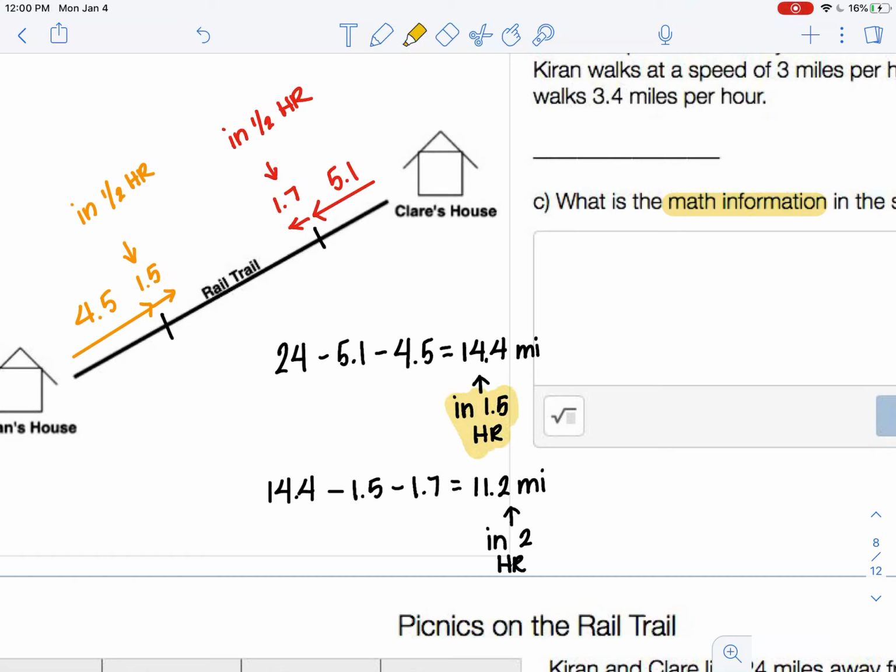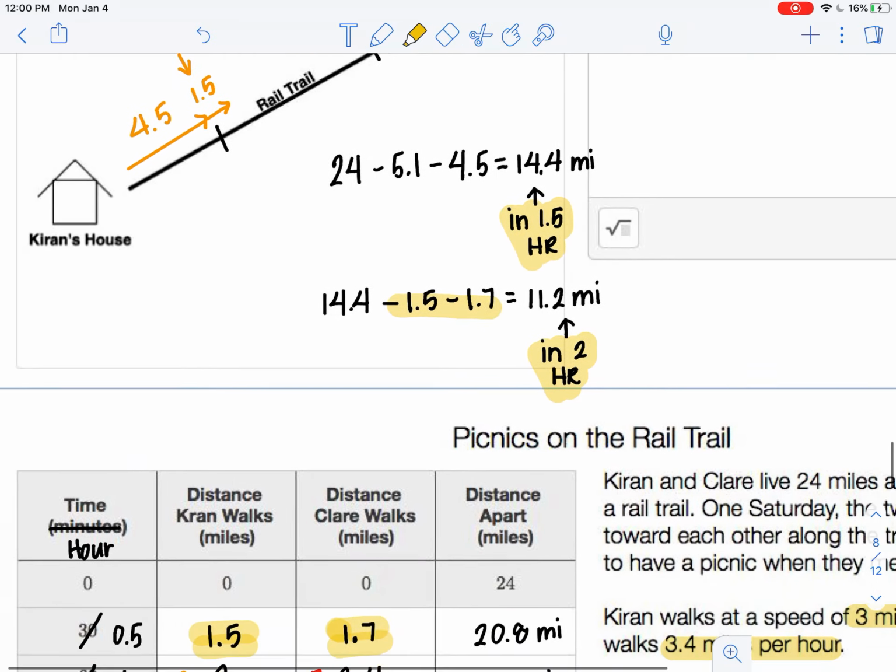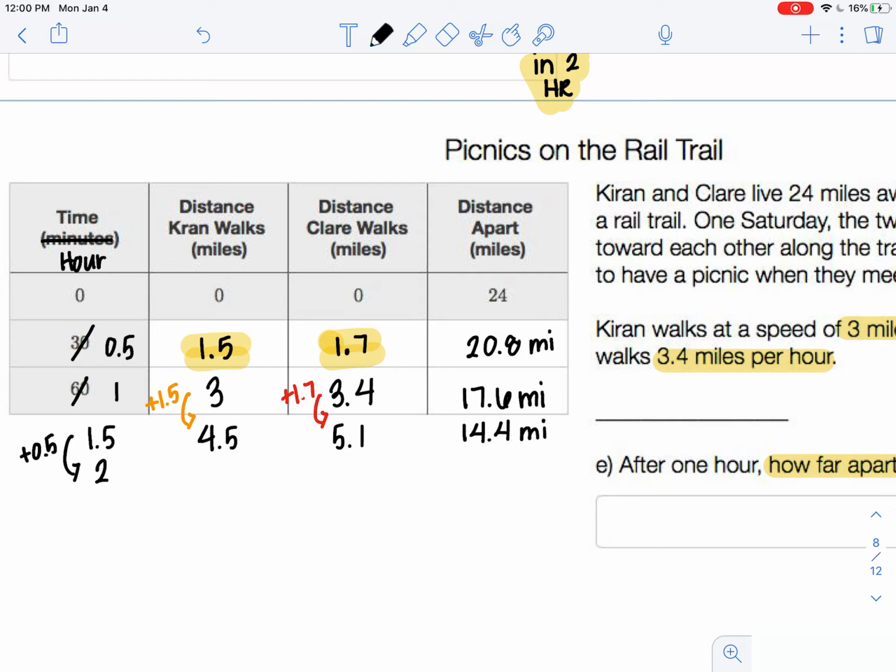So we were at 1.5 hours, then we were at 2 hours, and all we did was we said, okay, to get from 1.5 hours to 2 hours, we know how far they travel in that extra 30 minutes. So we could go ahead and put that number, 11.2, in our table.